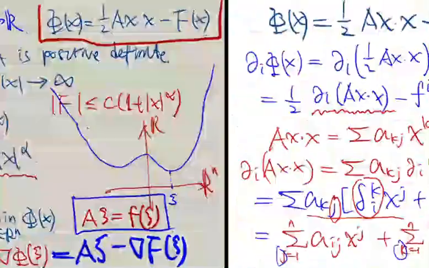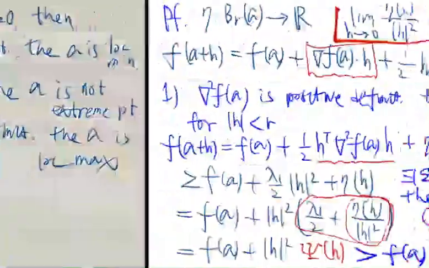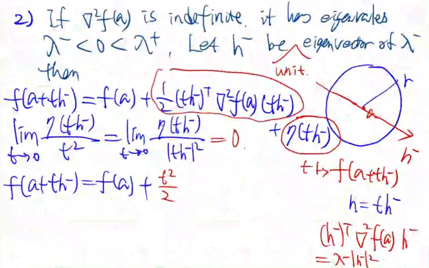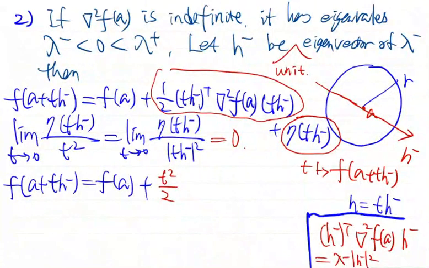We see that here, in the right lower corner of this page. So using this result, the second term in the Taylor expansion becomes half of t square, then lambda minus times the norm of h minus square.